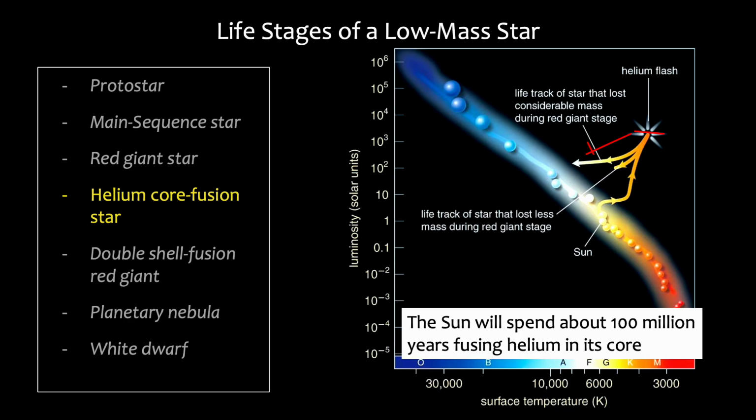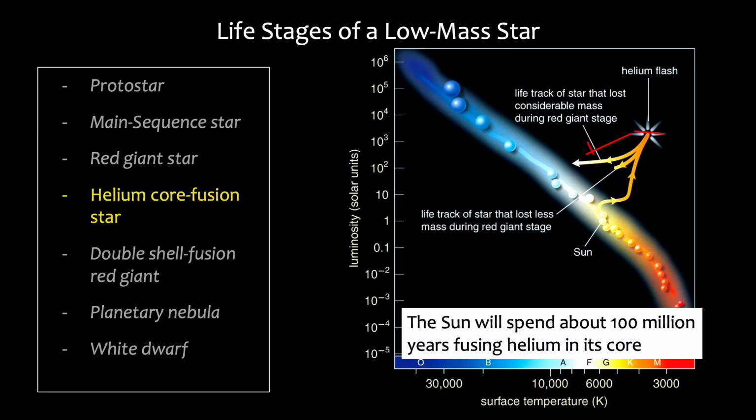And so giant stars after the helium flash tend to bunch up in a tight band on the HR diagram, and we call this the horizontal branch. Loosely, we still call them giants, but more specifically, it is the horizontal branch.